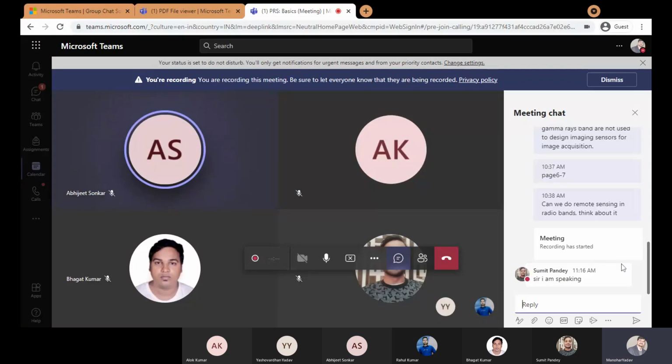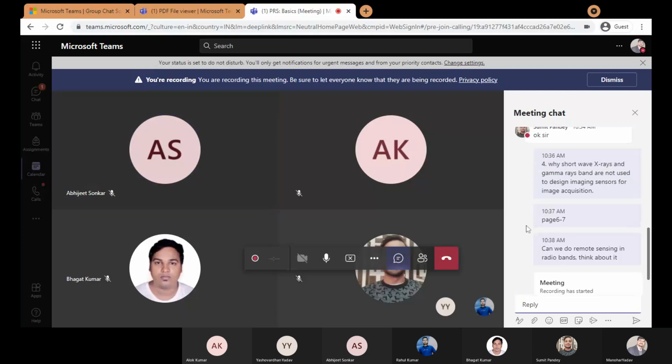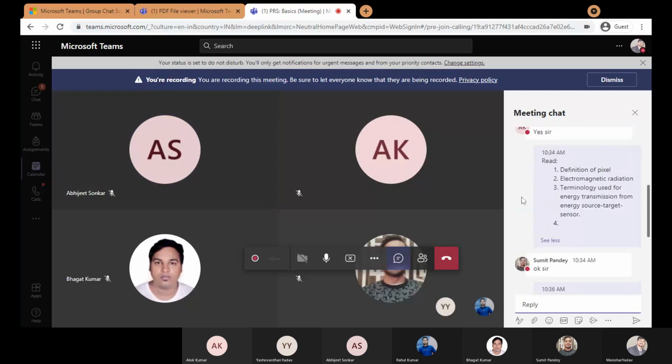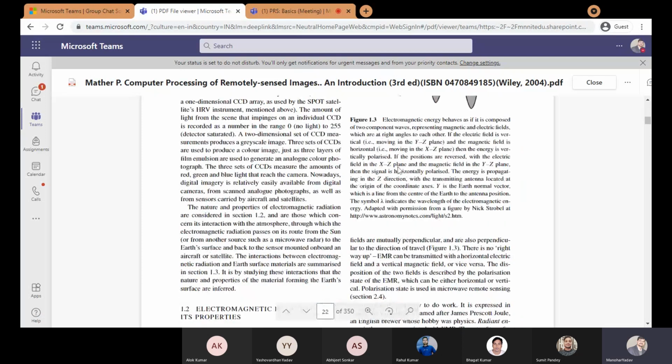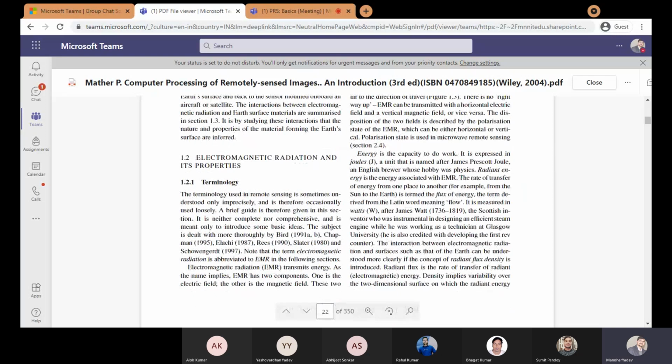Further, in section 1.2 and subsection 1.2.1, there is certain standard terminology that we use for the energy propagation from the energy source to the energy target, that is our surface object, and the sensor.